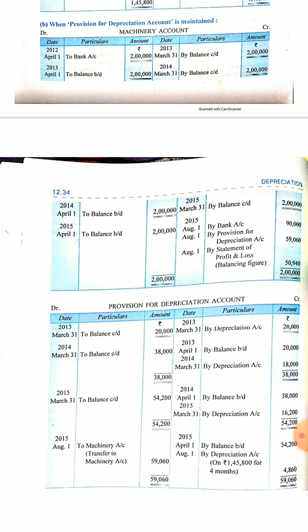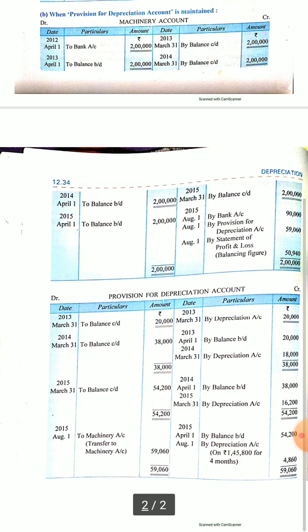So machinery will be credited and by provision for depreciation account will be given there. And in provision for depreciation account in the last year, all the depreciation will be transferred by debiting it with machinery account.